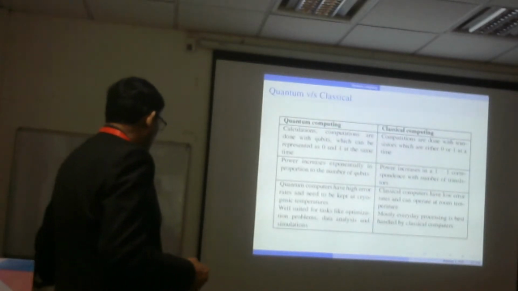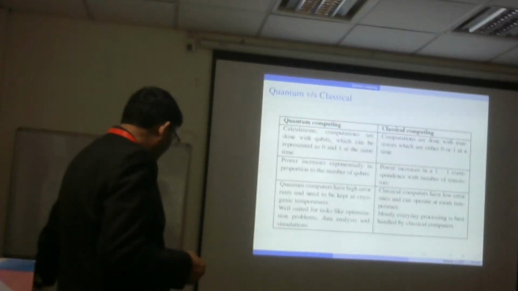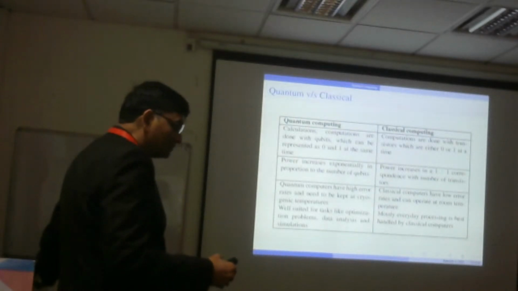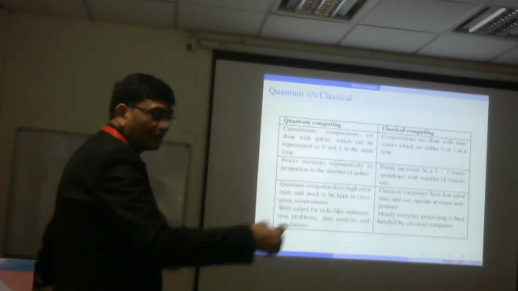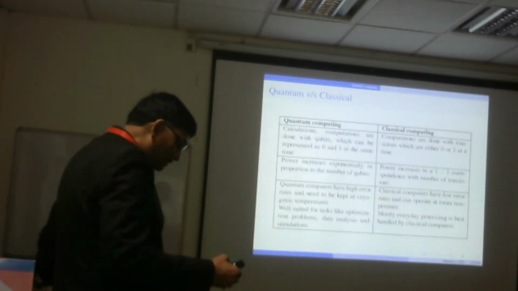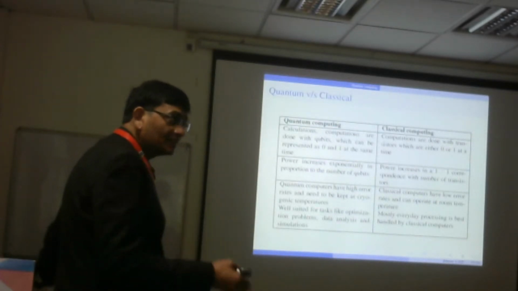Now a lot of quantum simulators are available in the market. If they have a 40-qubit quantum simulator and want to make it 41 or 42 qubits, they have to double the resources every time.